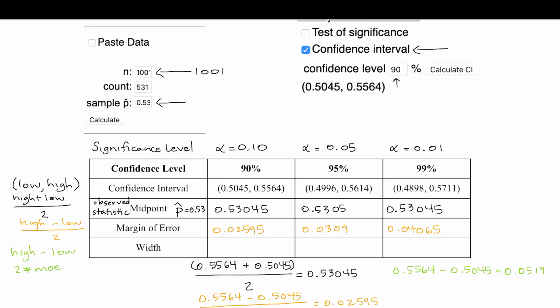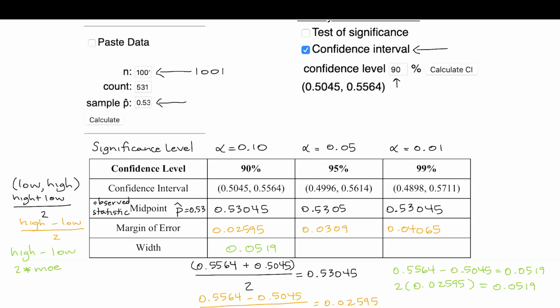So that is the value of the width. Or if I take the 0.02595 margin of error that I calculated and multiply that by 2, I get the exact same thing, 0.0519.